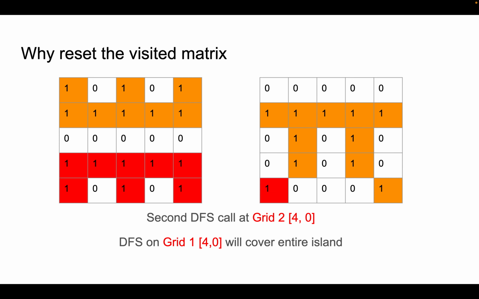In this example, we are at the second DFS call at the grid 2 position 40. When we start the DFS call, we start at the same XY coordinate in grid 1. After that DFS is done, we realize that it covers the entire island as highlighted in red on the bottom left of grid 1.